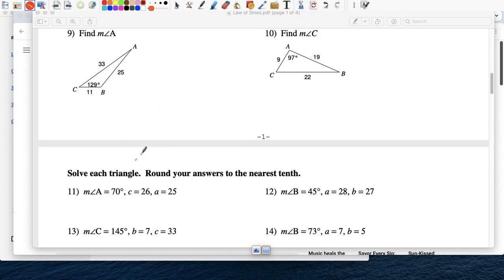Let's do 13. So 13, let's draw it out. You're given, and again, you're going to have to change letters. You're given one angle, and this is what you're given, 145 degrees. I know when I did it in class I drew it like this, but here you can pretend that this is angle A if you like.